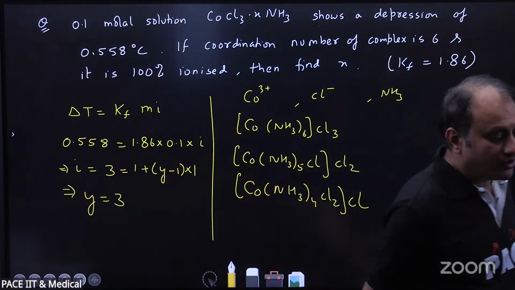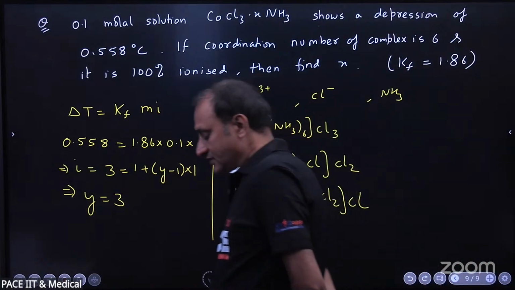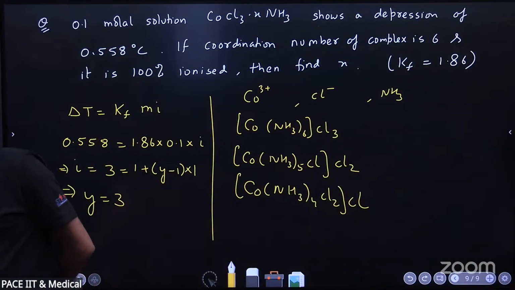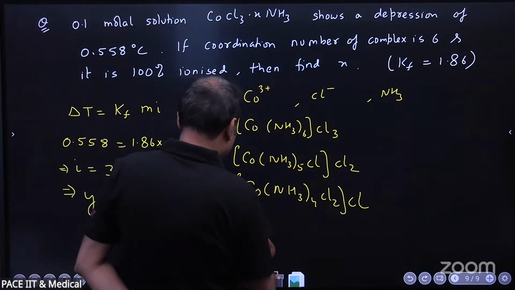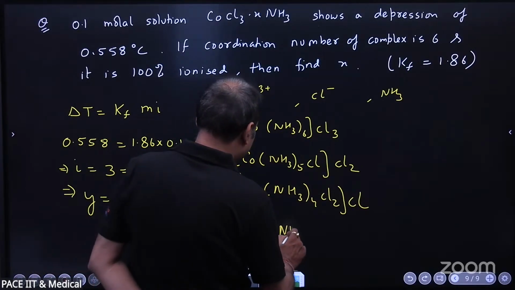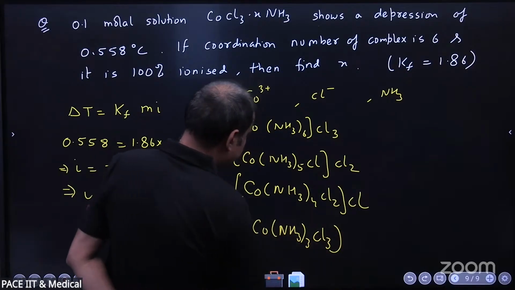So here out of 3, 2 chlorines are making coordinate bond. So for remaining 4 coordinate bonds, we need 4 ammonia. And last situation can be that all the 3 chlorines are making coordinate bond. So then the formula will become Co(NH3)3Cl3. Okay.